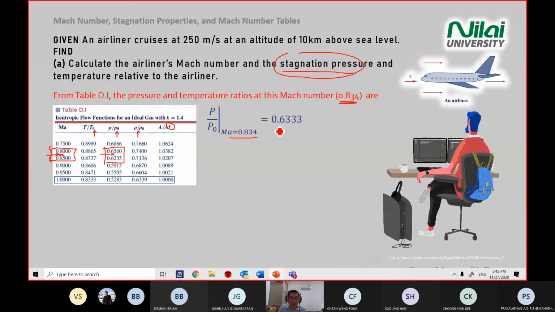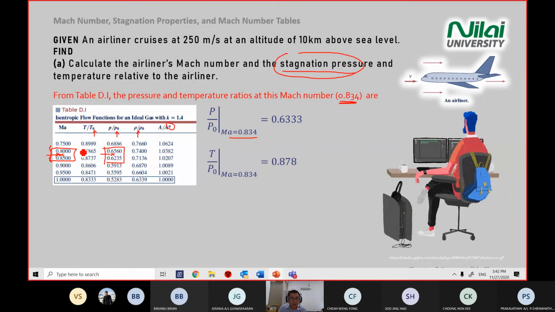You will get around 0.63, which is almost in the middle between 0.65 and 0.62. I'm not going to repeat the interpolation mathematics steps. If you don't know how to do it, go and ask your calculus lecturer or engineering mathematics lecturer. So it's the interpolation steps.